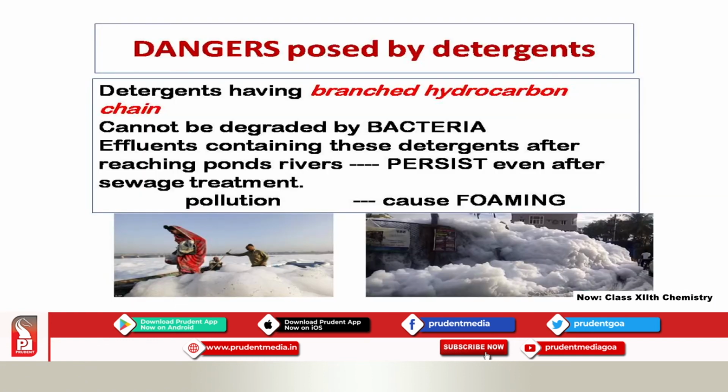Now there are some dangers posed by detergents. Detergents having branched hydrocarbons are found to be more dangerous than detergents having straight chain hydrocarbons.